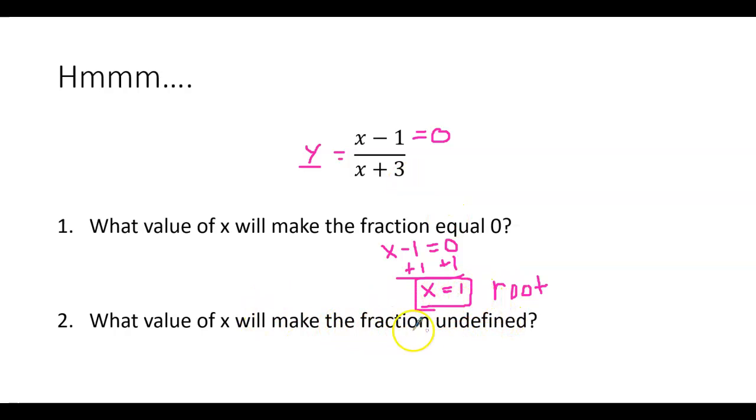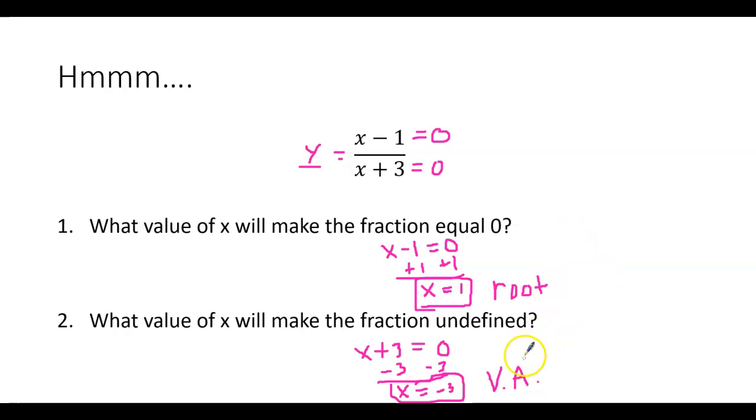Now what value of x will make the fraction undefined? Well, the fraction is undefined anytime the denominator equals 0. So if this equals 0, then my fraction will be undefined. And therefore, if x equals negative 3, then my fraction will be undefined. Now, on a rational expression, whenever it is undefined, what that usually means is there is a vertical asymptote.